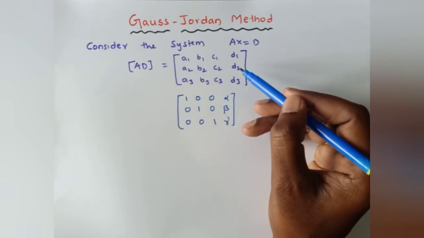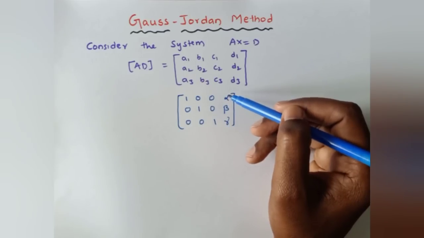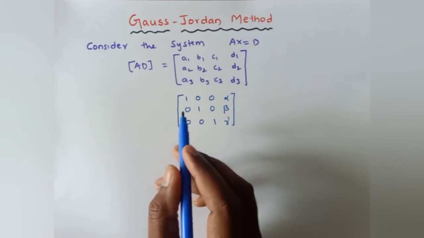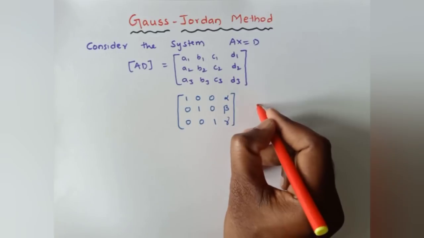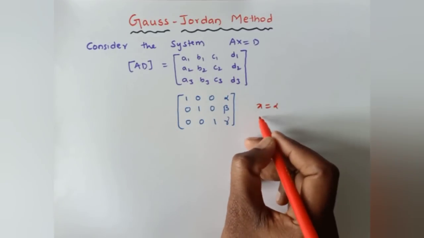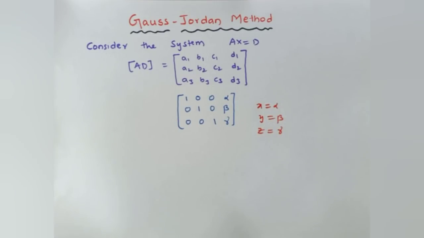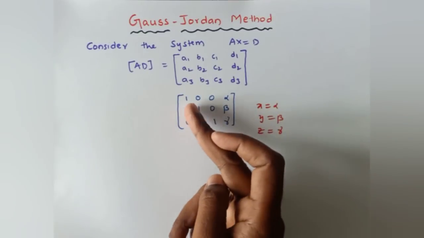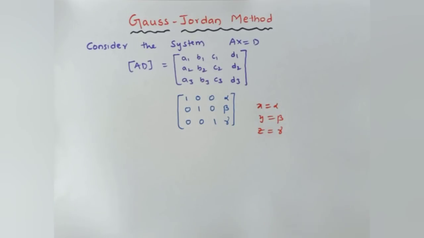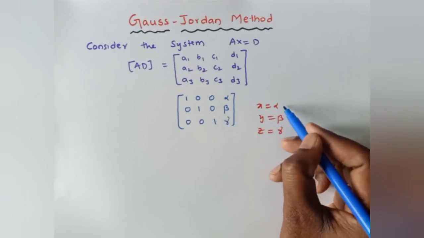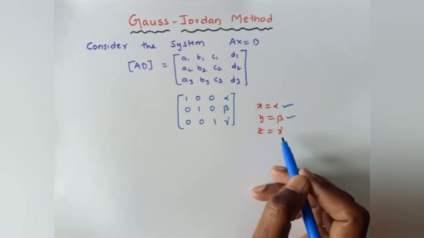If we transform the given augmented matrix like this by using some elementary transformations, the solution is completely visible: x is alpha, y is beta, and z is gamma directly.